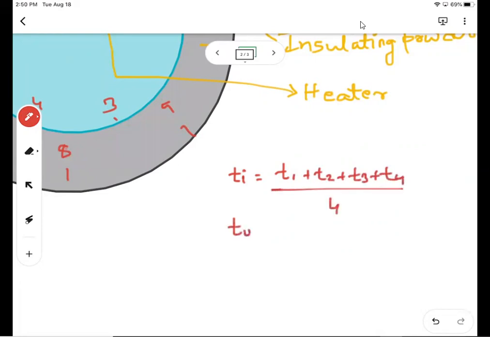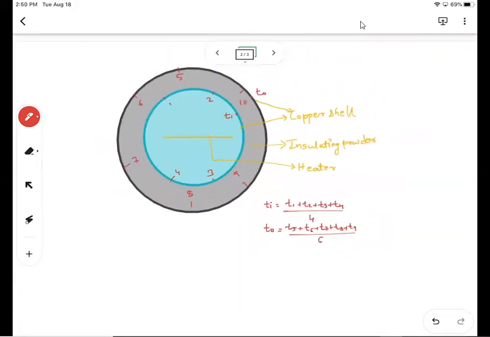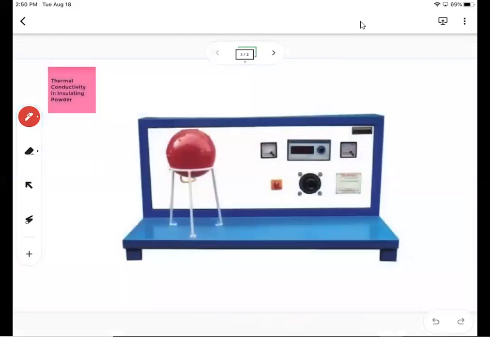And to find To, you add T5 plus T6 plus T7 plus T8 plus T9 plus T10, the whole divided by 6. Till this point, I guess there's no doubt. Let us call the inner radius Ri, and the outer radius Ro. Now coming back to the diagram.